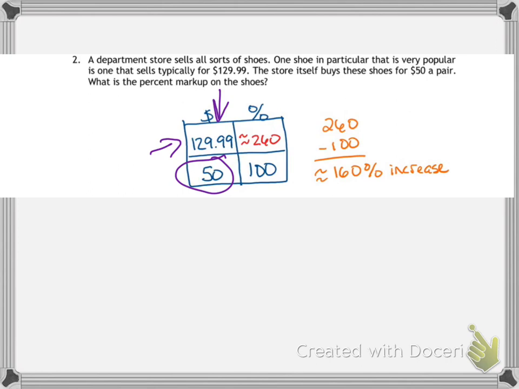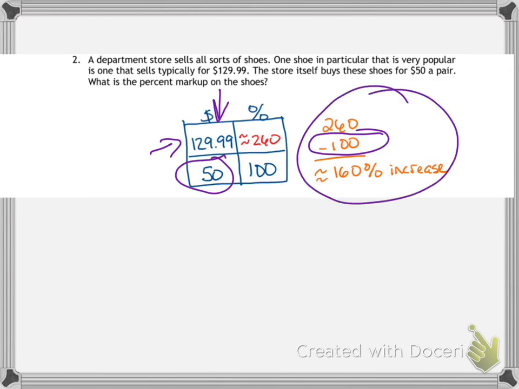That's not my answer. I need to subtract 100 because otherwise, if I were to say the answer is $260, I'm saying that the department store got those shoes for free. They spent money on them. They just didn't spend nearly as much. So our approximate increase is 160% after subtracting those two numbers.